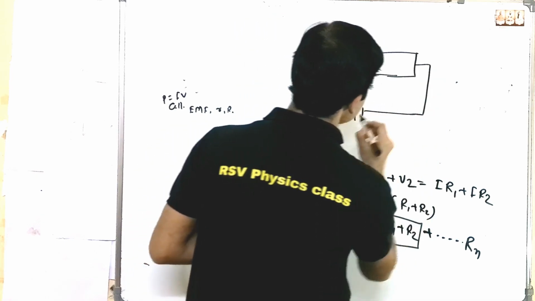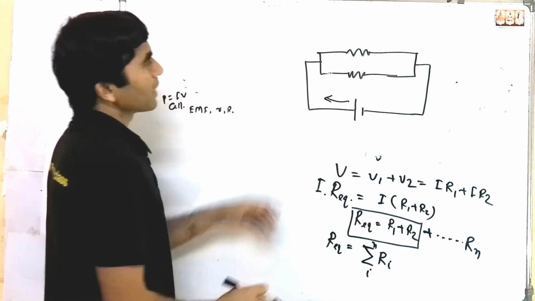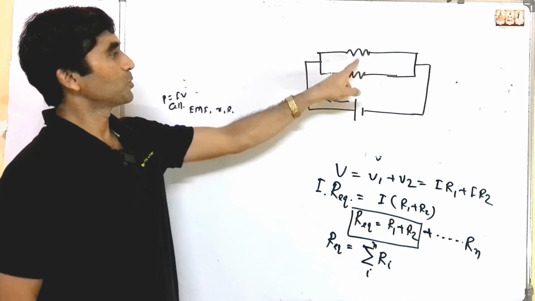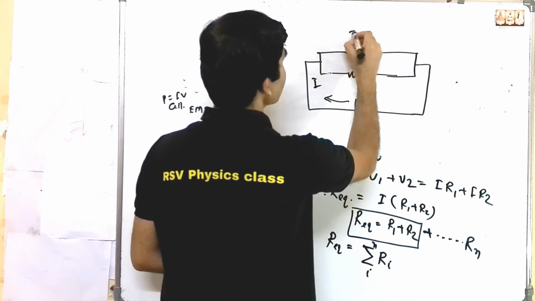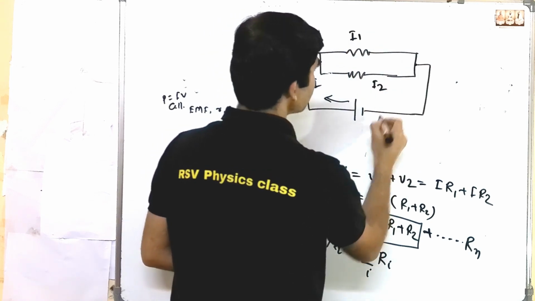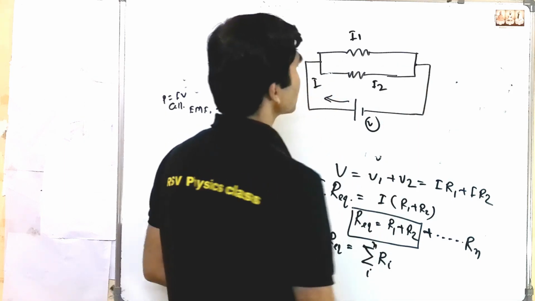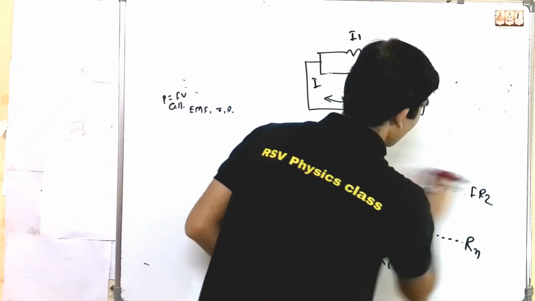The battery is connected here, so current flows in this direction. Here the current is divided into two portions. If the total current is I, it divides into I1 and I2, but the voltage across each is obviously the same V.